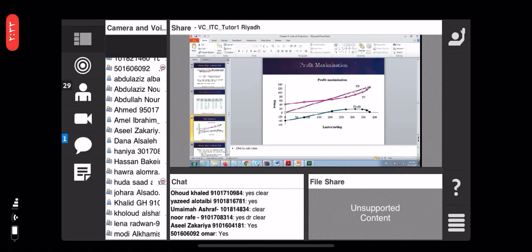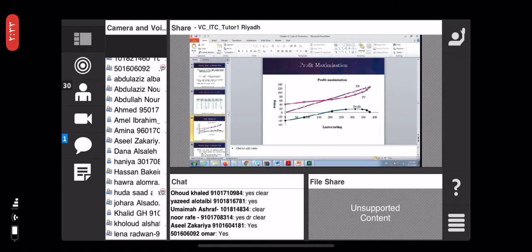This is the highest point, isn't it? If you go like that here, you find it at around 17, the value of 17, similar to what we have in the schedule. This is the highest point in the profits. This point happened at the highest point, or the largest gap, between total revenue and total cost.